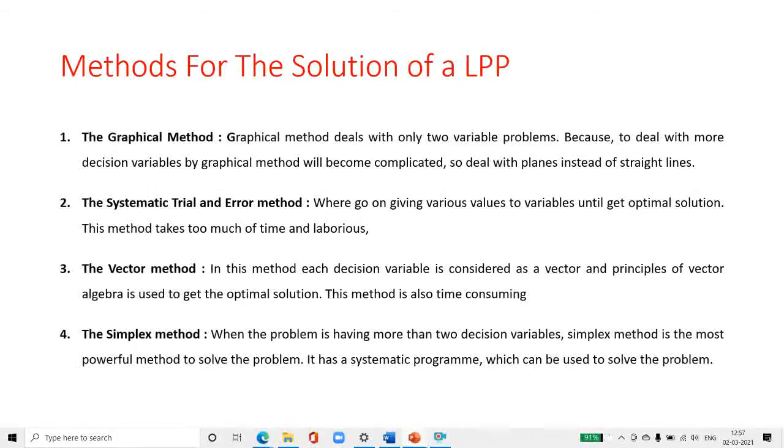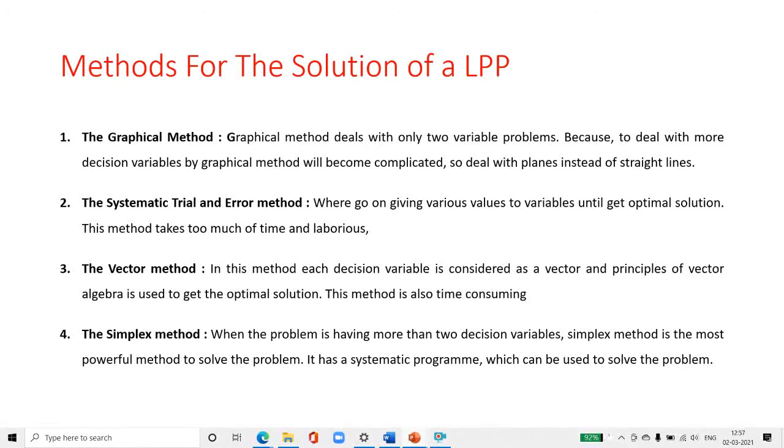So in the graphical method we can solve the problem for only two variables, because in a graphical form we can only plot two axes. With more than two variables, the graphical method is not used because it becomes very complicated, since we have to deal with planes instead of a straight line.